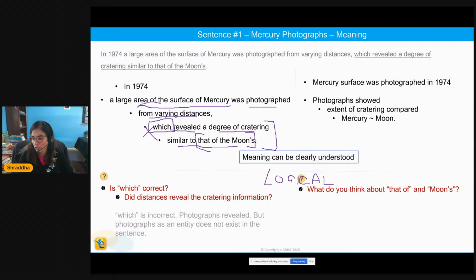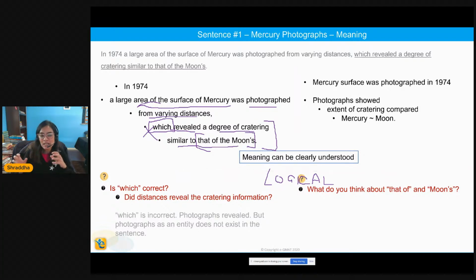So do that introspection. Also, the usage of, as I was talking, that of moons is not right, because that already refers to a degree of cratering. By using apostrophe with moons, we are going to repeat the same noun again. We are again going to say moon's degree of cratering.